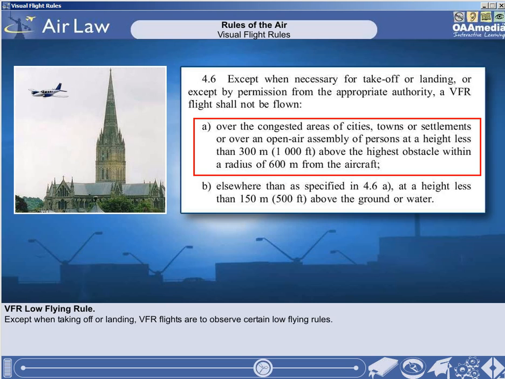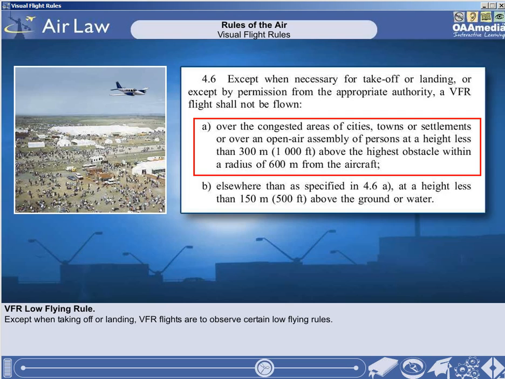Neither may an aircraft operating VFR fly at less than 1,000 feet over settlements, towns, cities, or other congested areas, or at less than 1,000 feet over an open-air assembly of persons.